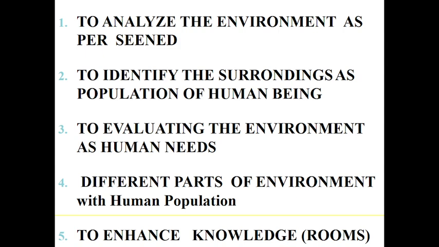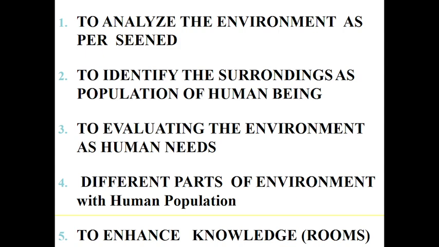We also require food for generation of energy, and energy is required for doing work. So our work is proportionate to the input of food. What type of food we take, all of you know the different constituents of food: carbohydrates, proteins, fats, minerals, and so many things. So we have to evaluate human needs.